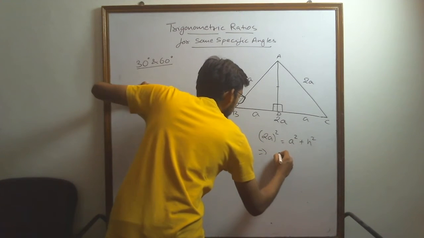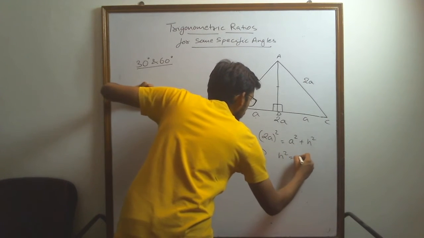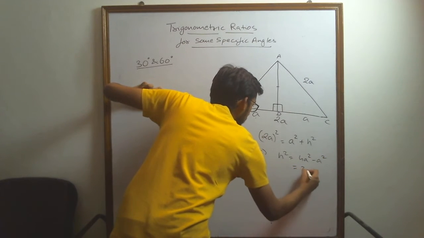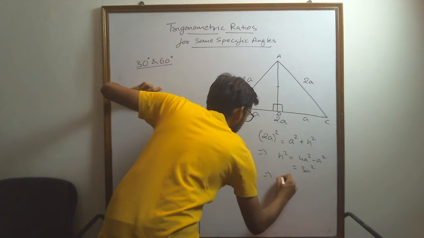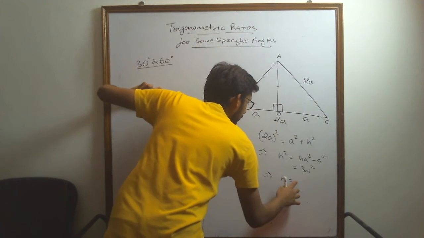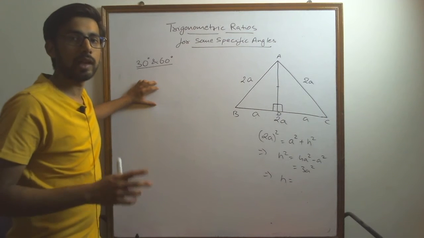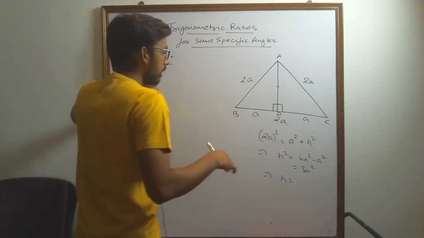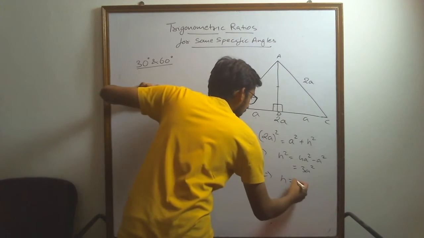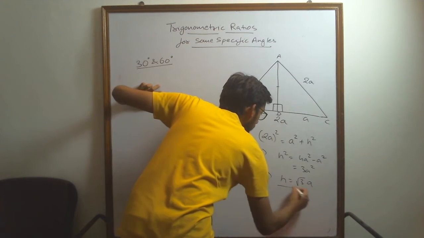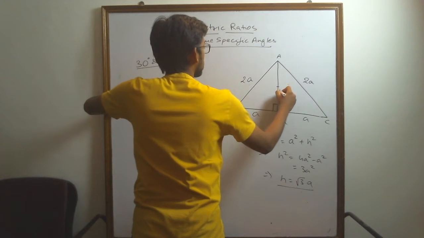This means that H square is equal to 4A square minus A square, which is 3A square. That means H will be equal to, now if I take the square root, I will put plus minus sign, but since H is a distance, it is height, so it cannot be negative. So I am taking only the positive value, which will be root 3A. So this side is root 3A.